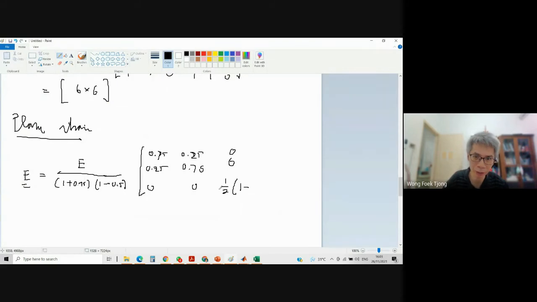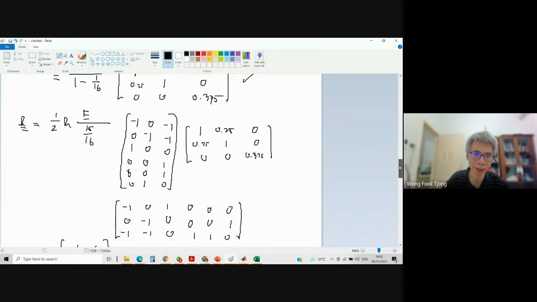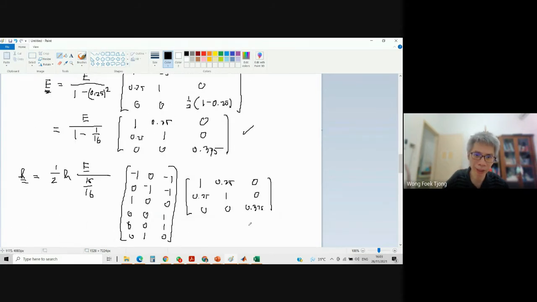Just replace the previous matrix with this one for the plane strain problem.